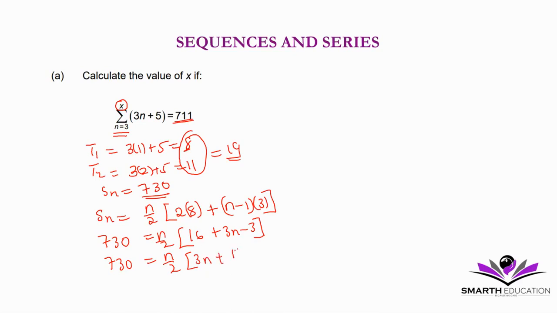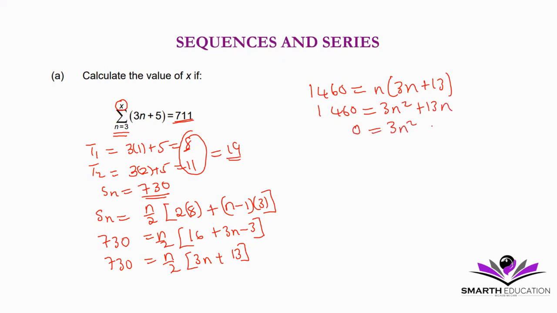And then we multiply by 2 on both sides of the equation to get rid of the denominator. So we get 1460 is equal to n, 3n plus 13. Distribute n. 1460 is equal to 3n squared plus 13n. In standard form, 3n squared plus 13n minus 1460.